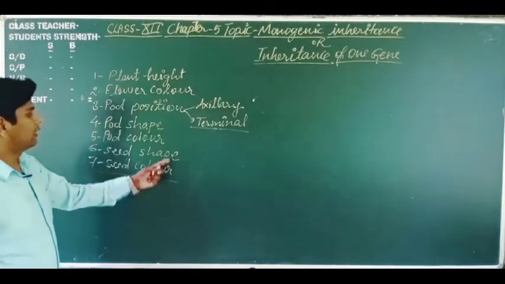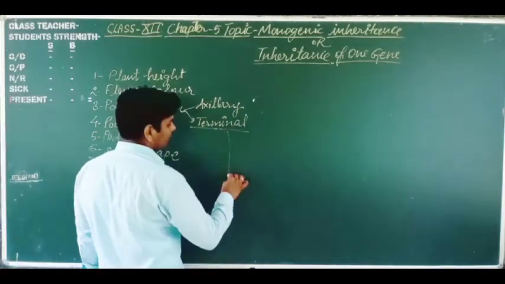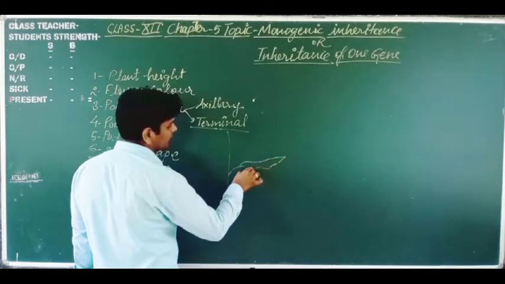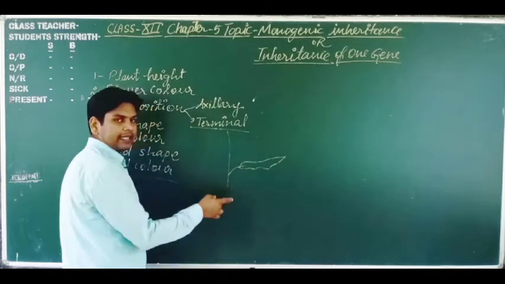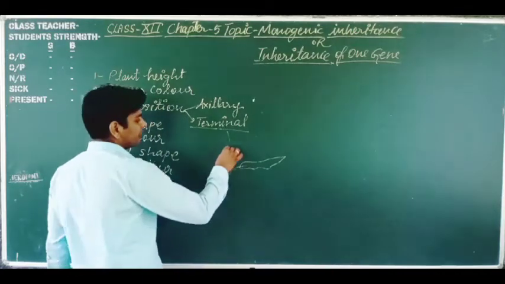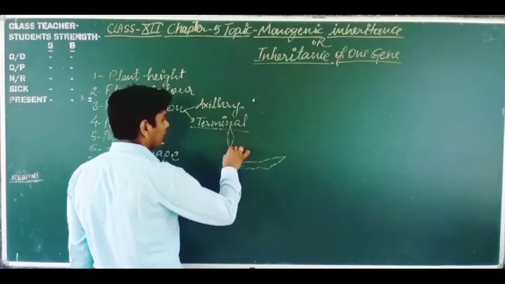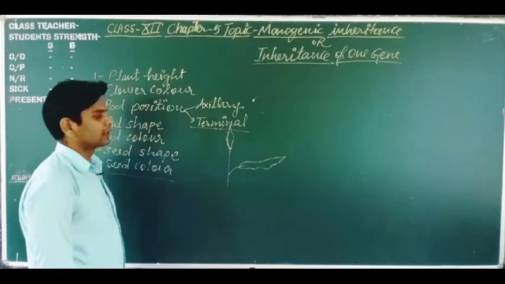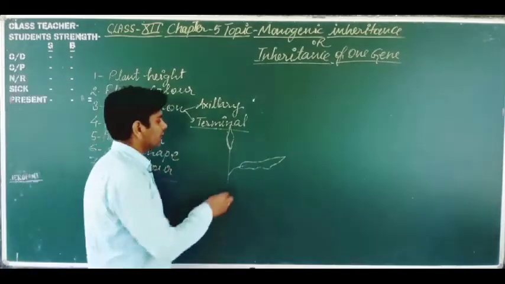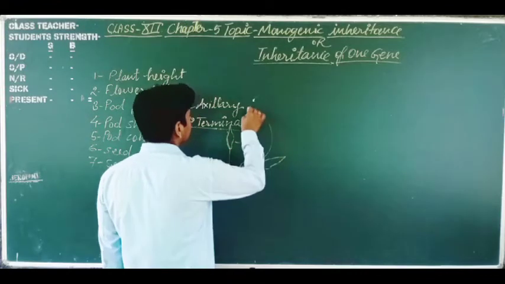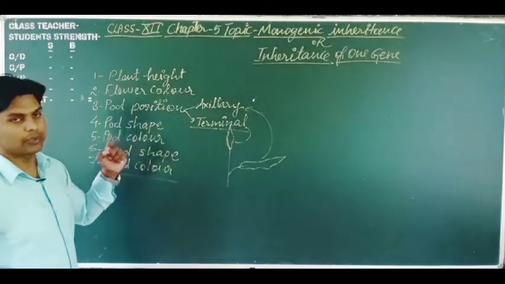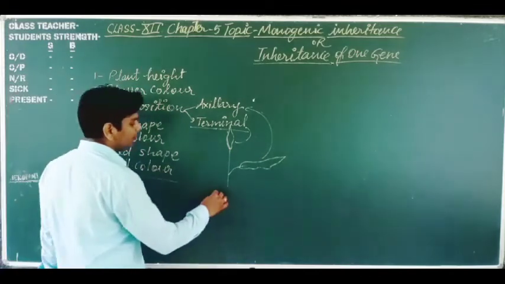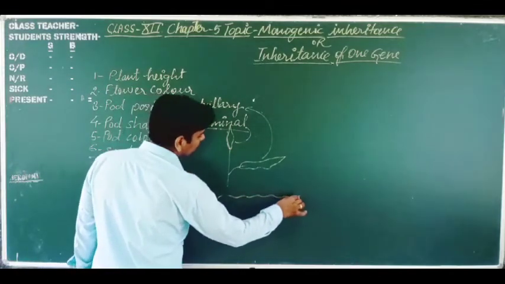Suppose the pea pod is formed axillary, meaning the pod is on the branch, but some pea pods are at the terminal end of the main axis. That is why this position is known as terminal, and this position is known as the axillary position. Got it?